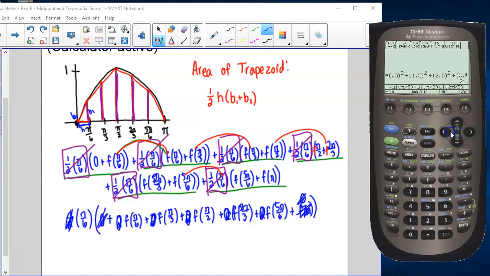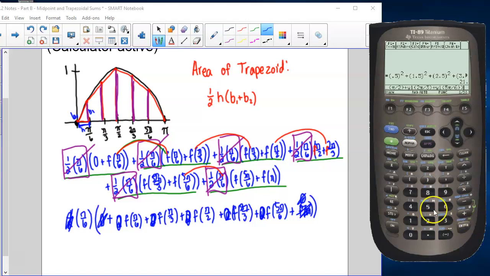Nope, forgot my plus on there. Plus y1 of 5 pi over 3. No, over 6.